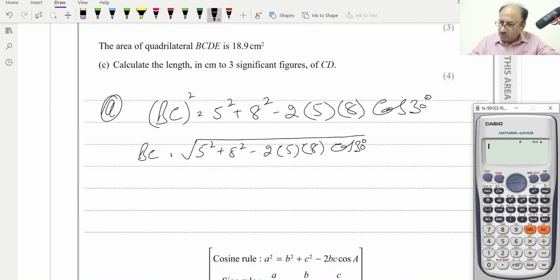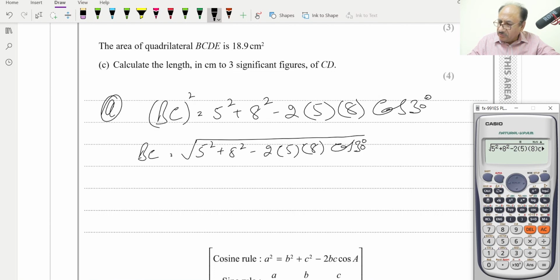This will be the square root of 5 squared plus 8 squared minus 2 into 5 into 8 into cos of 30 degrees. I wrote 6 by mistake; it should be 8, so this needs to be rectified.